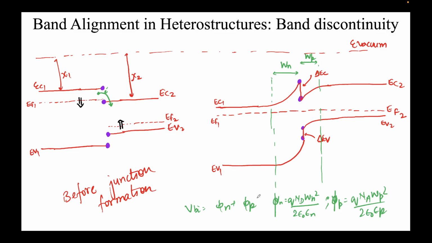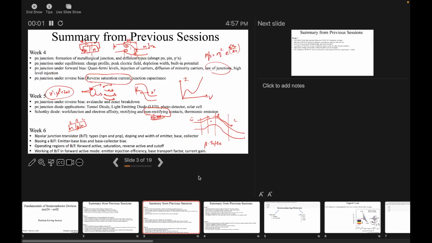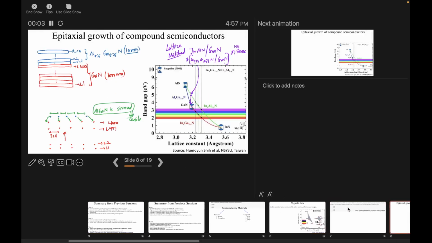There is one more thing, like how to find the band discontinuities. Let me write that here rather than doing this.